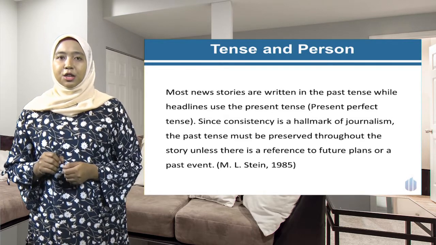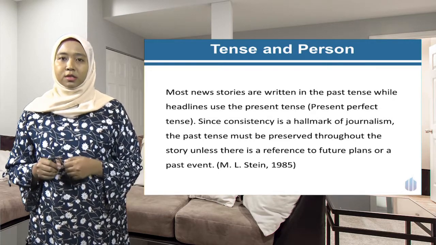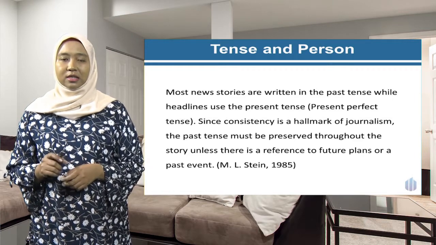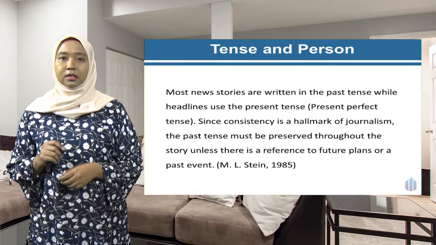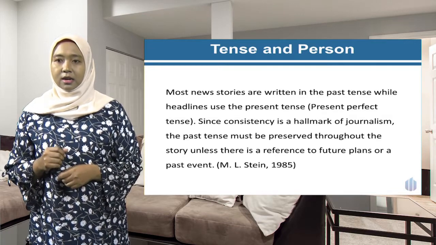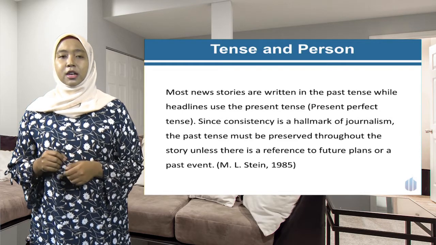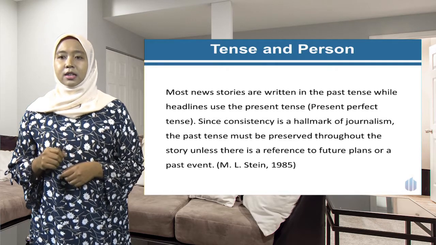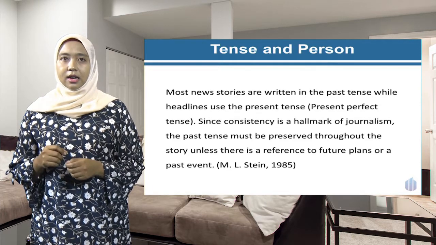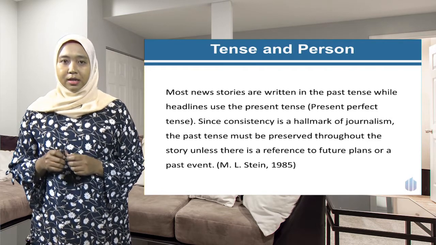So you have to remember that news articles mostly use simple past tense. Once again, because it tells about an event that already happened before the time you write the article. And then besides simple past tense, we can use present perfect, and then future, and it is also possible to use simple present.